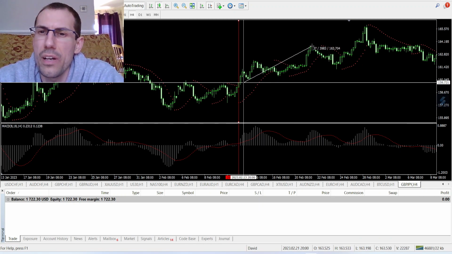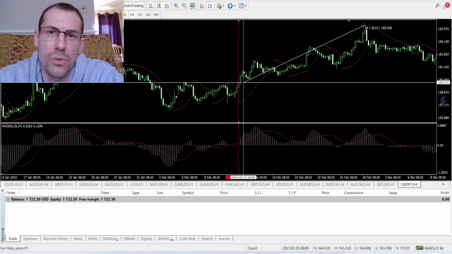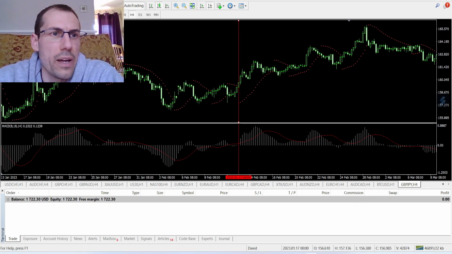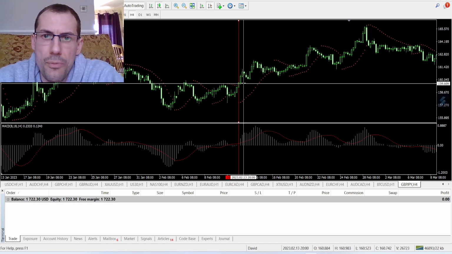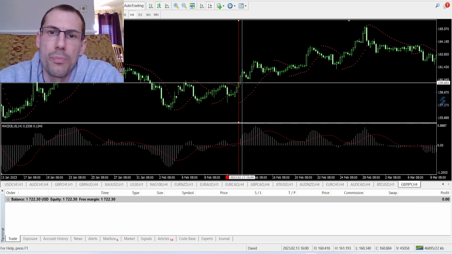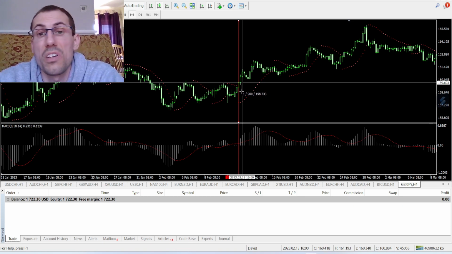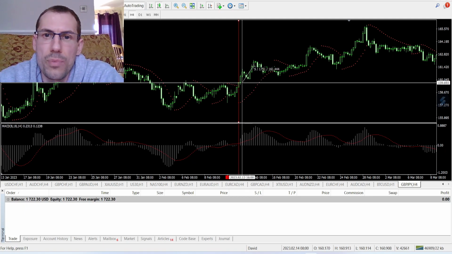The third higher high is 400 pips. And the fourth higher high is more than 600 pips. So if you use 100 pips stop loss and you have 1 to 3 risk reward ratio, you need 300 pips take profit.